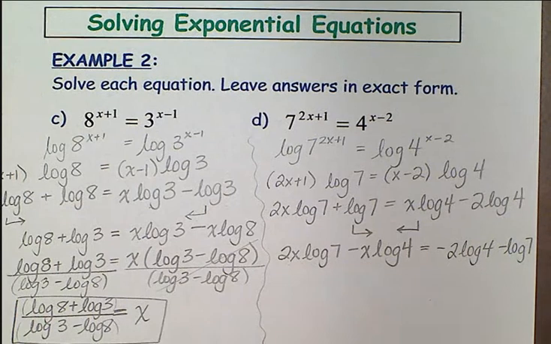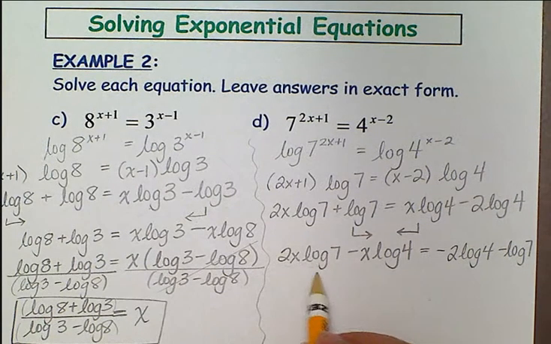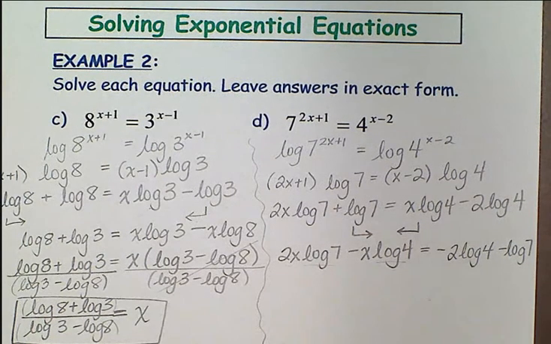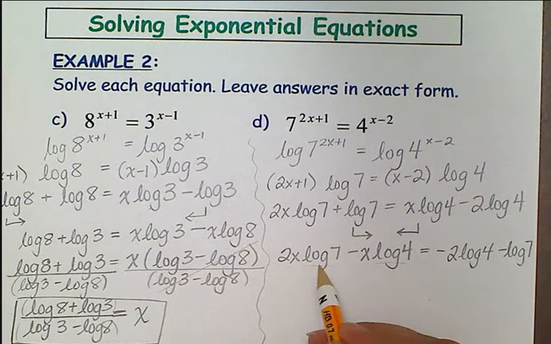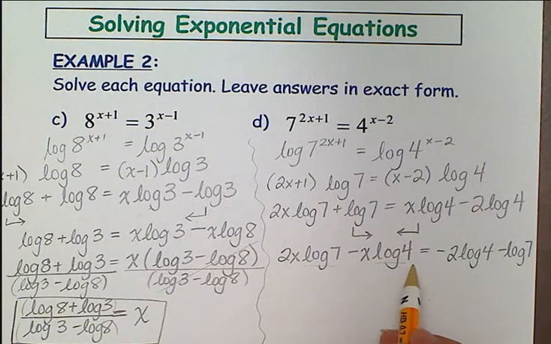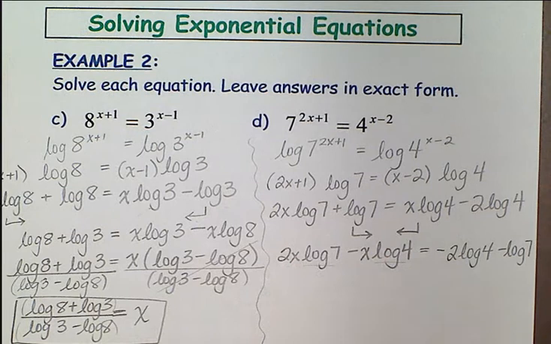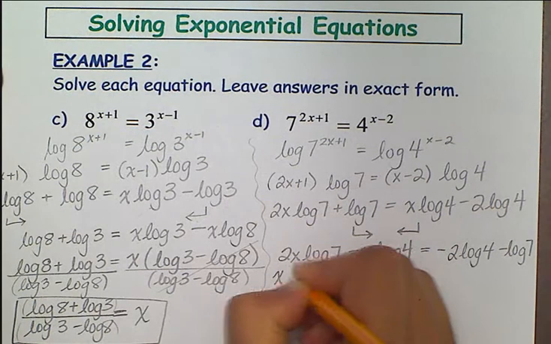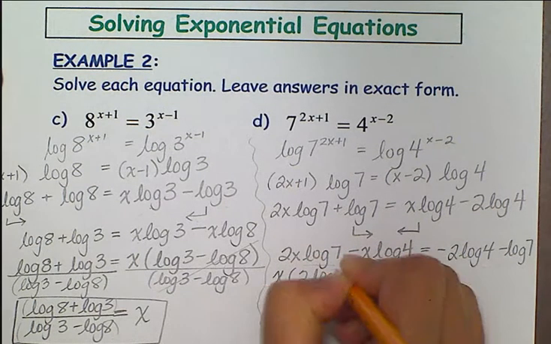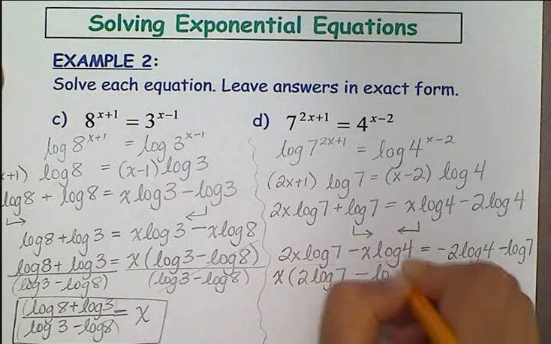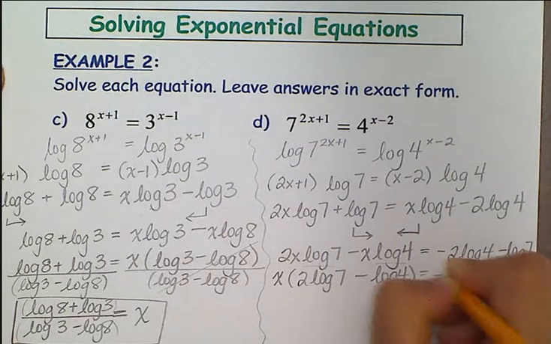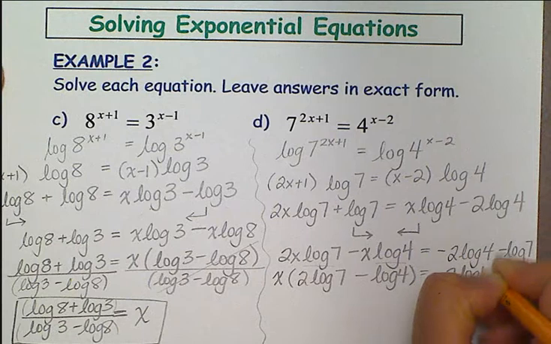Again, I can't factor out a log because that logarithm needs to be applied to something, and the first one's applied to a number 7 and the other one's applied to a value of 4. So I can only factor out an x, and I get 2 log of 7 minus the log of 4 equals negative 2 log of 4 minus the log of 7.